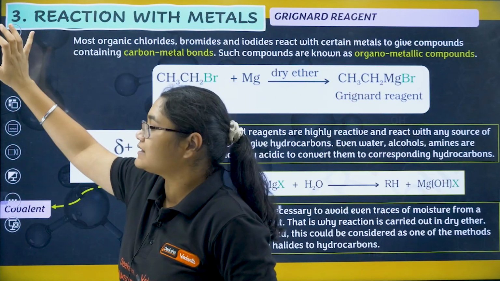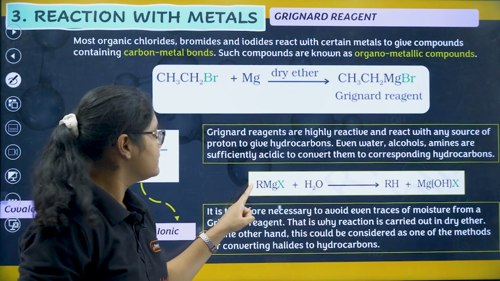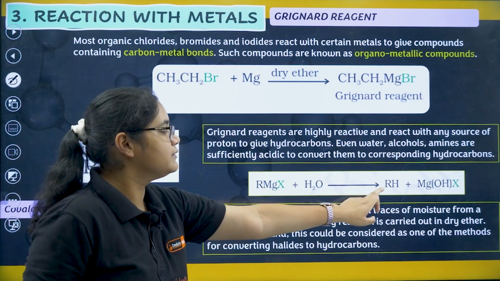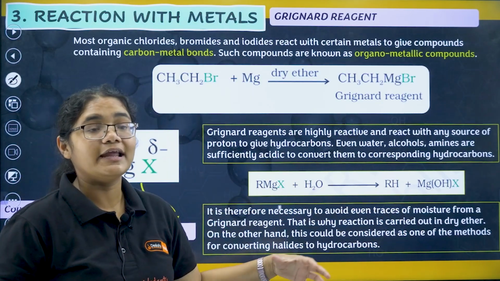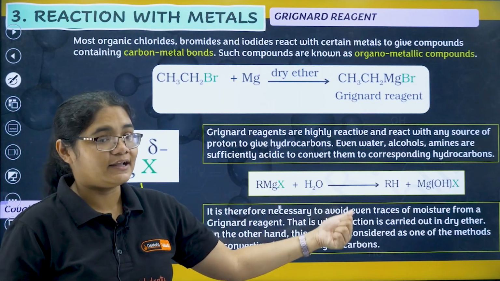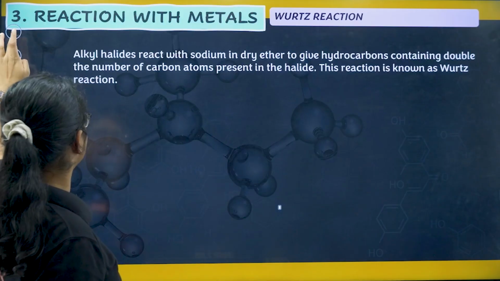When any water substance is given to this RMgX, the R minus will immediately abstract the H plus from it and you will get RH. That is why water or moisture should be avoided when you are doing Grignard reagent reactions.